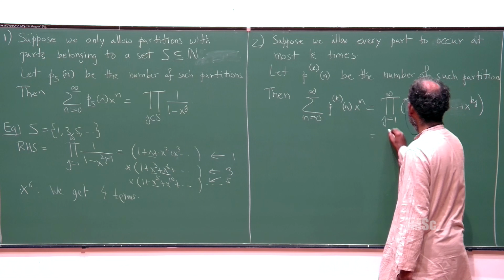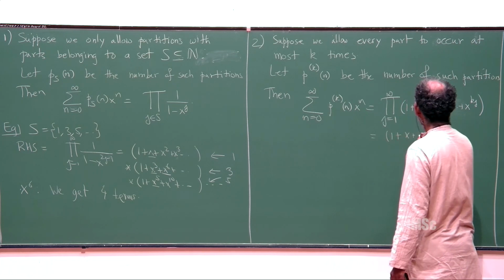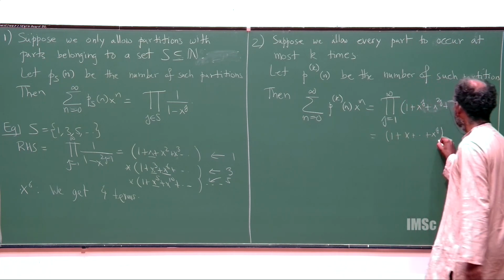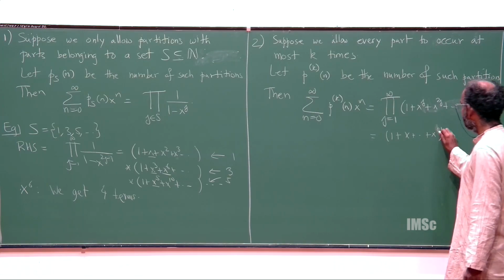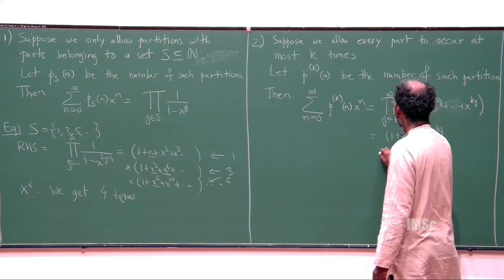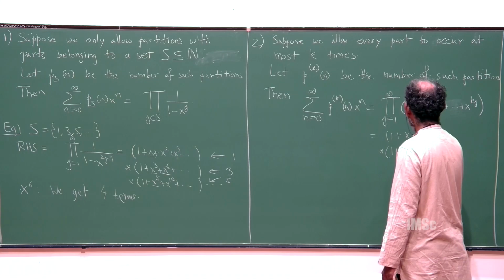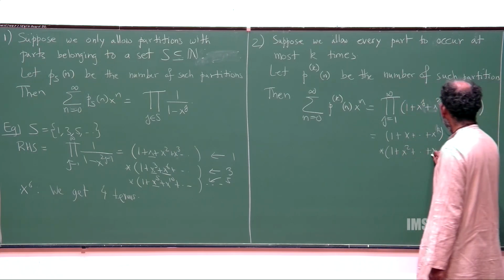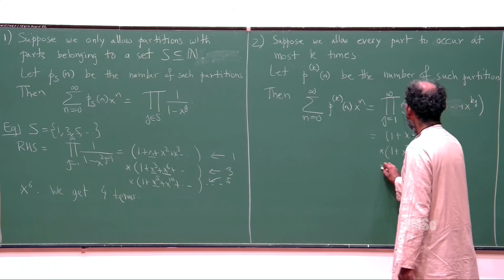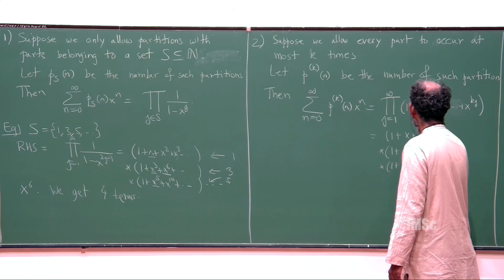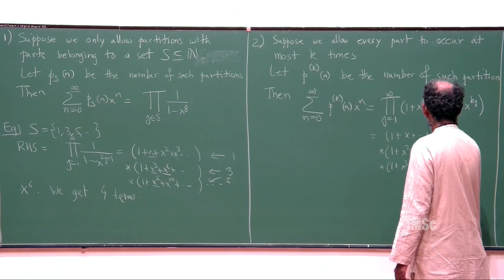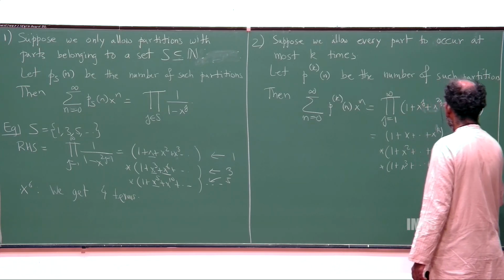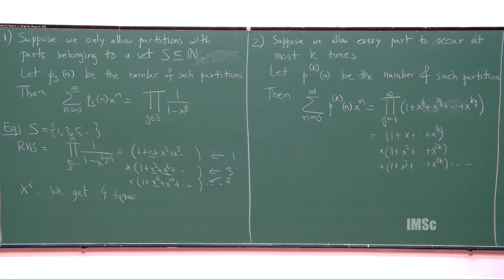The first term will be 1 plus x plus up to x to the k, then times 1 plus x squared plus x to the 4th plus up to x to the 2k, times 1 plus x cubed plus up to x to the 3k, and so on. Right? This is how it's going to look.